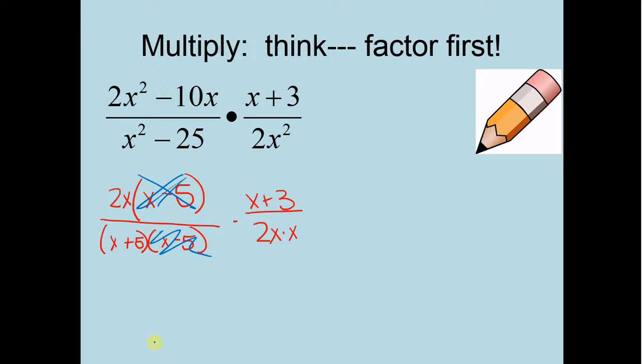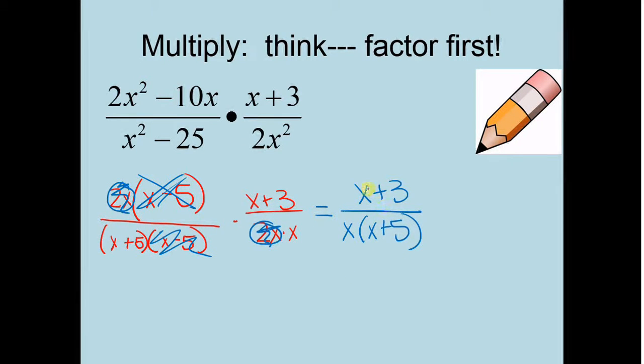But I do notice across from each other, I have a 2x and a 2x. Cancel them out. So on the top, all I have left is x plus 3. On the bottom, I have an x and an x plus 5, so I'm just going to write that as x times x plus 5.